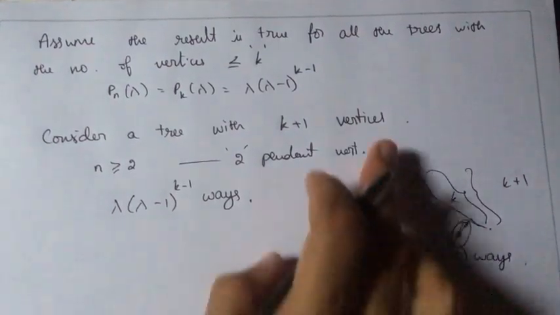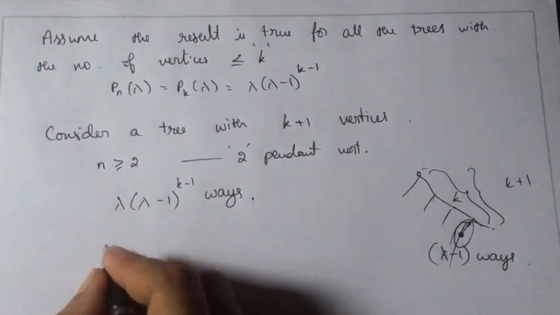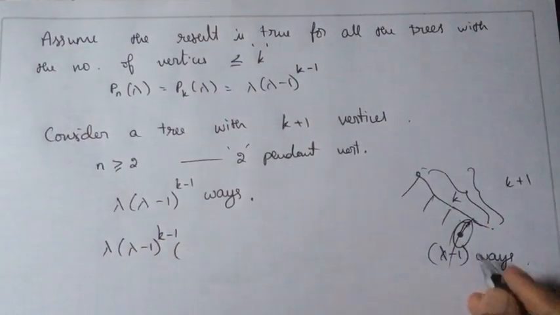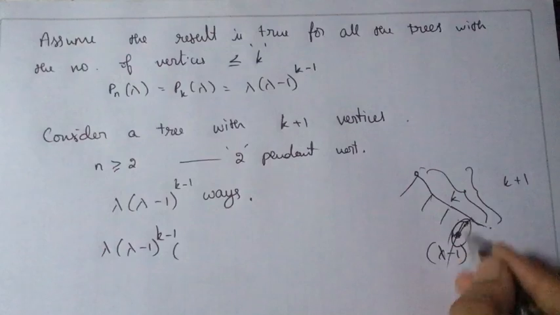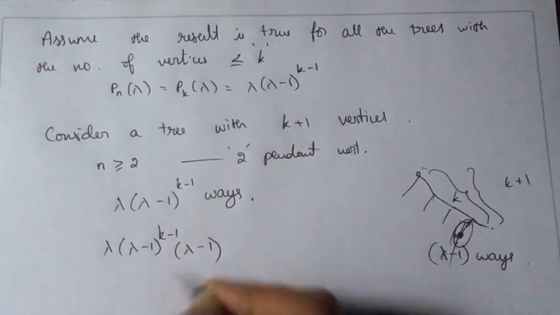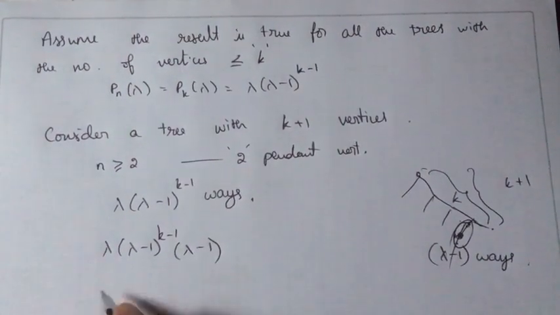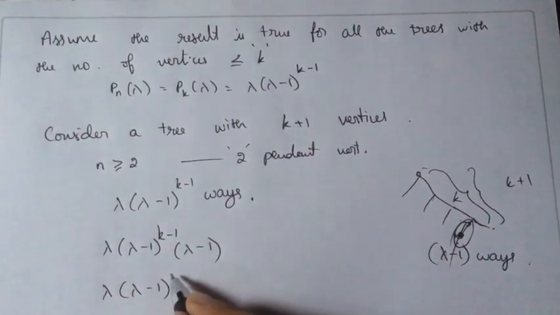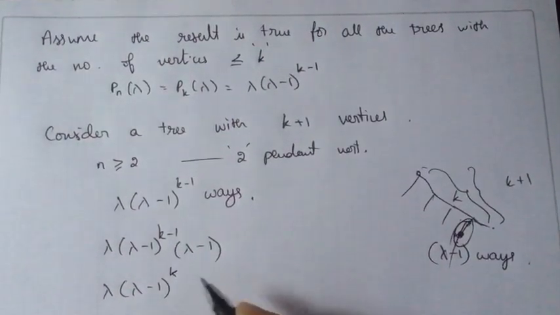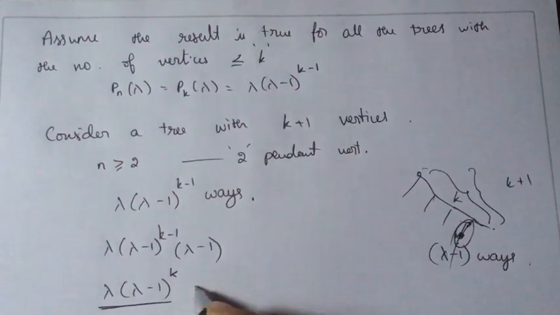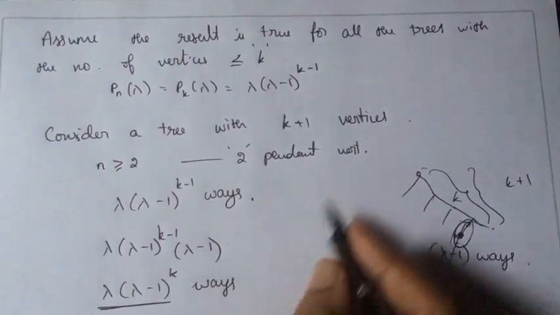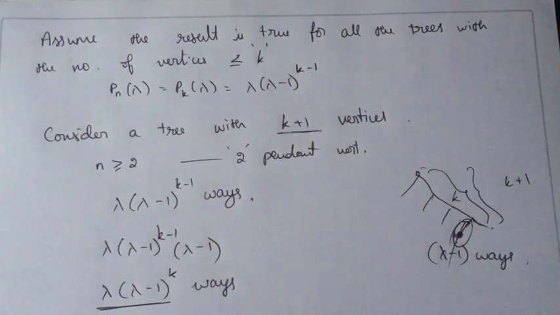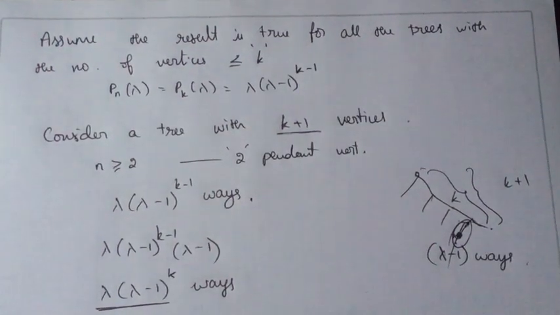Thus, all the vertices can be colored in lambda into lambda minus 1 power k minus 1 ways, and this last pendant vertex can be colored in lambda minus 1 ways. So that gives lambda into lambda minus 1 power k ways for proper coloring of a graph with k plus 1 vertices, hence the proof.